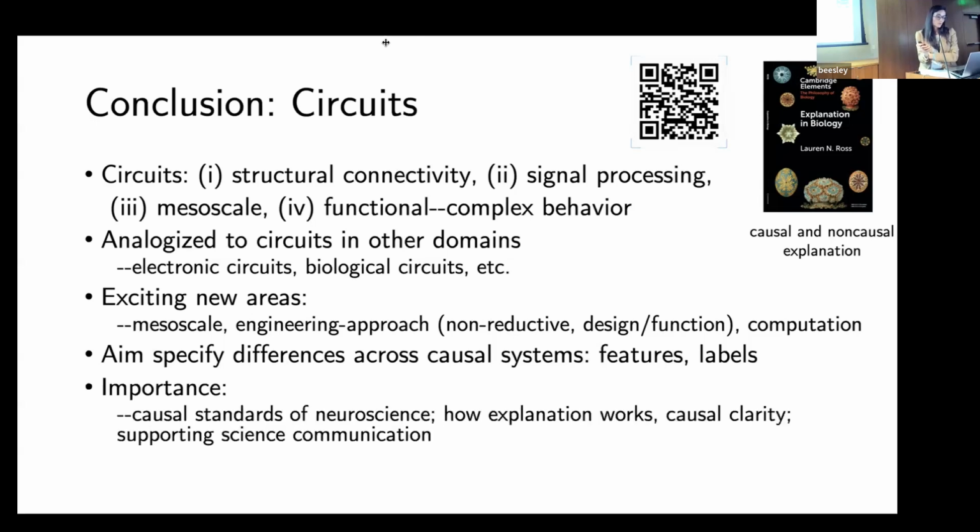And this is important for all sorts of reasons. It can help guide and clarify discussions about causal standards in neuroscience, how explanations work. They can help provide causal clarity and support science communication, both when scientists are talking to each other, but also when they're communicating their work to the public.